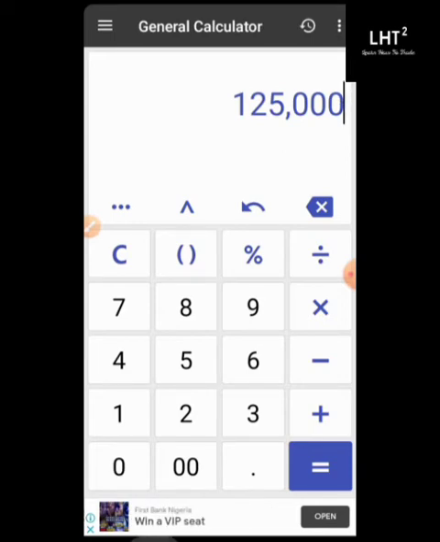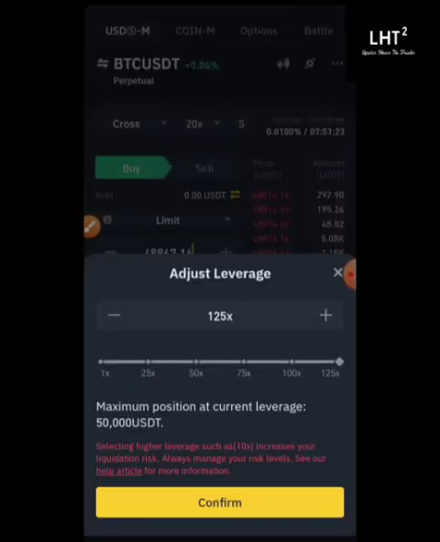You get. So now, another question I know some of you will be asking is, if I use $50 to enter a trade and I'm using 50x, when I make a profit from the trade, is Binance giving me back that $50 I used to enter the trade? My dear, no. What you get is the profit.